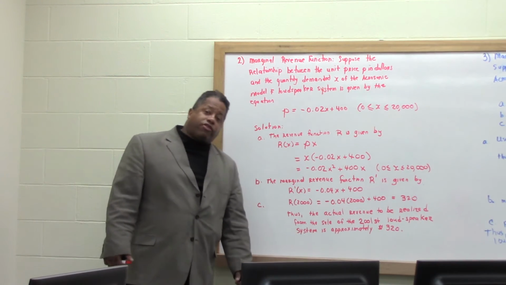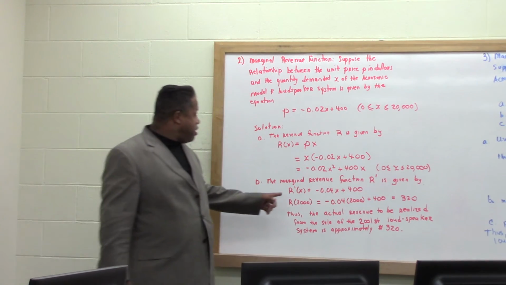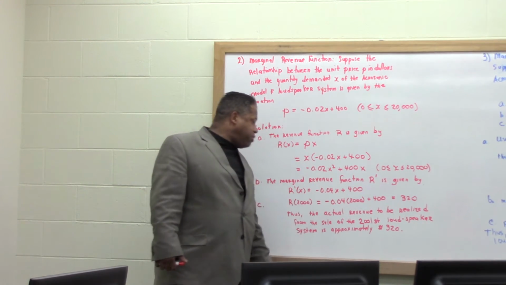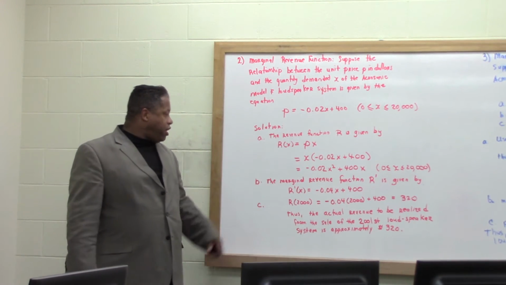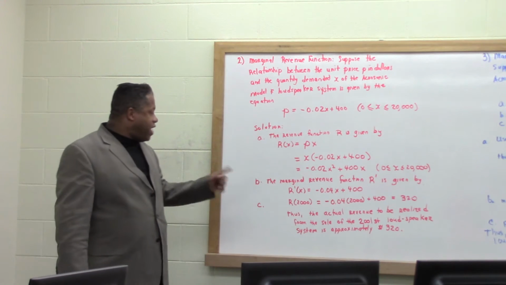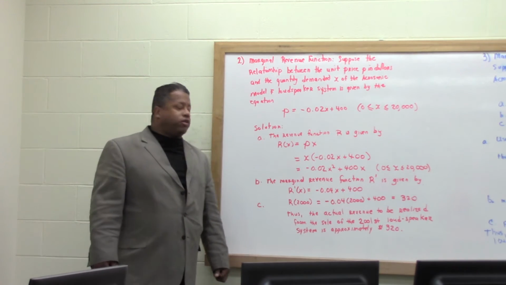R prime is given by the derivative of this. Taking the derivative, we come up with negative 0.04x plus 400. Now, that's the derivative of the revenue function.